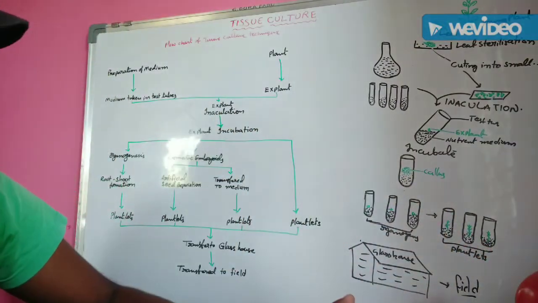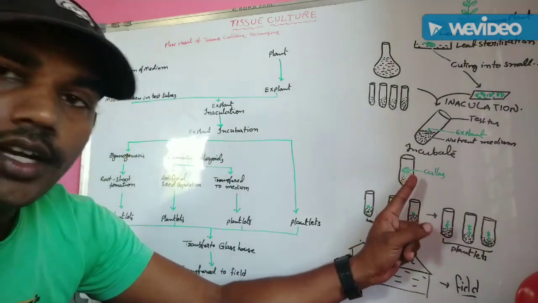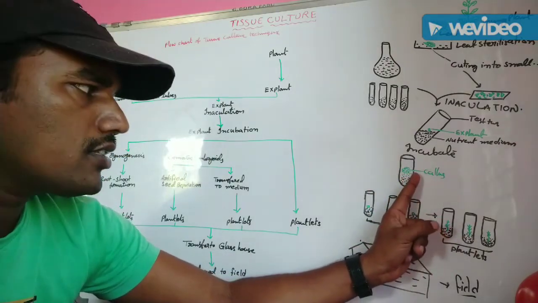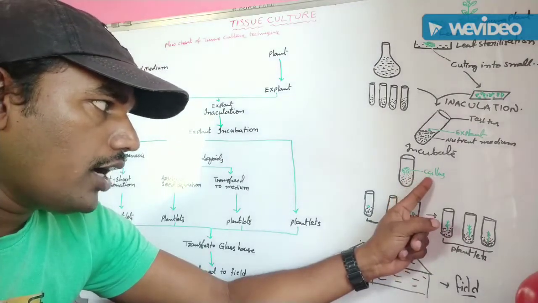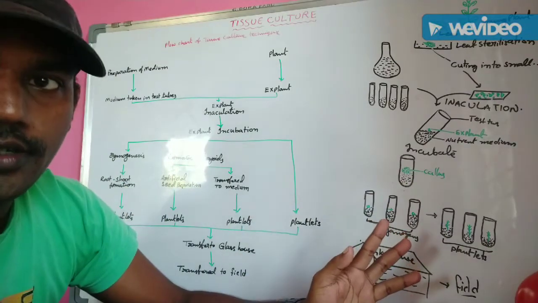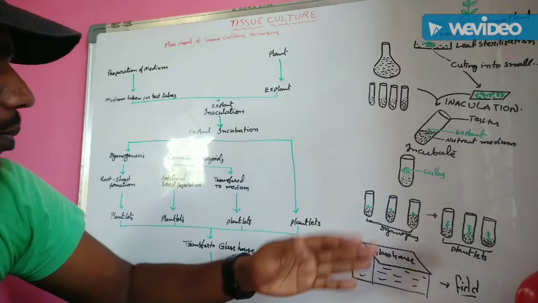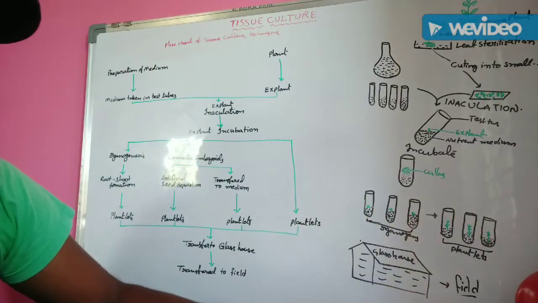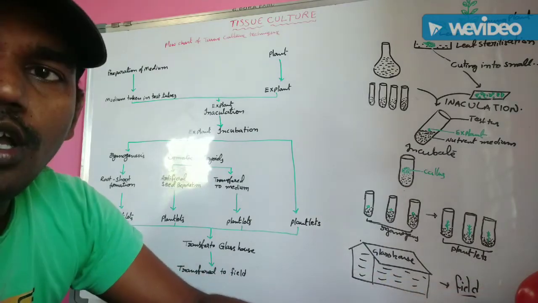And sometimes somatic embryoids occur. Callus does not persist in these test tubes. Sometimes in place of the callus, some somatic embryos appear. These somatic embryos are helpful for the formation of artificial seed.